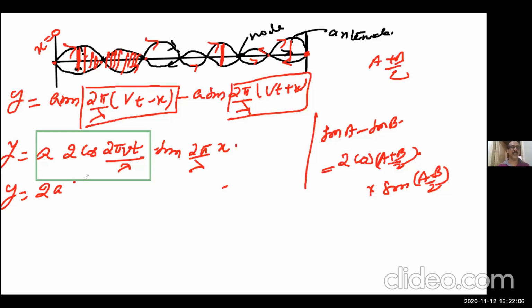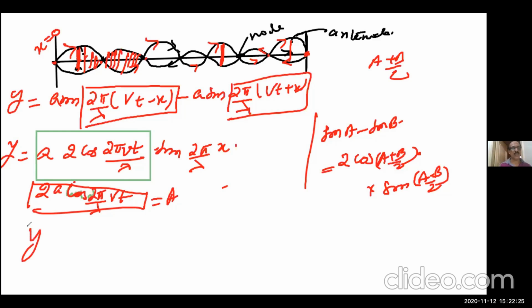So we can write 2A cos 2 pi by lambda Vt. This much portion we can take as A. It's a varying amplitude. So y is equal to A sine 2 pi by lambda into x.